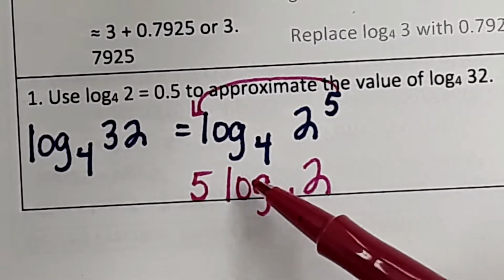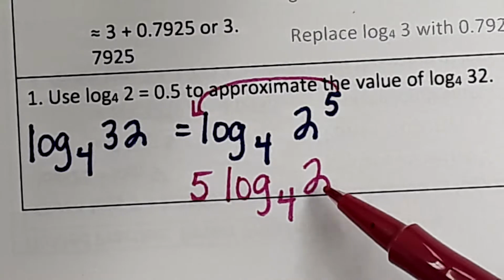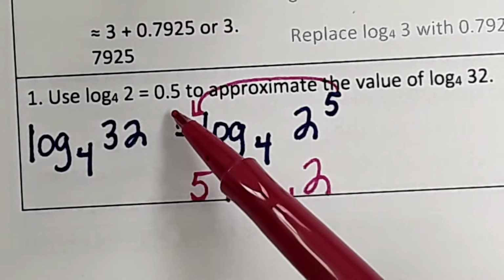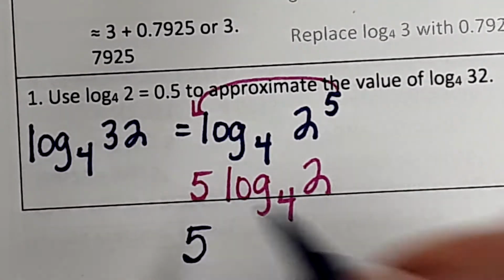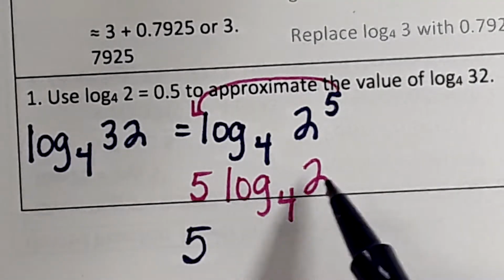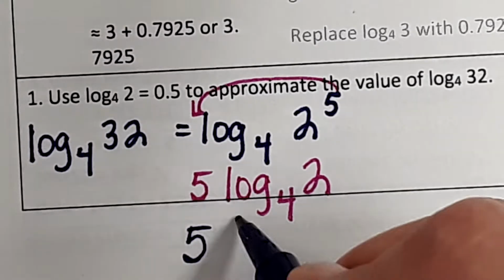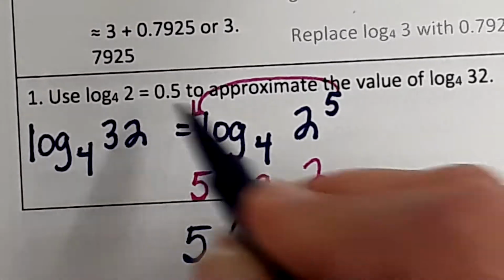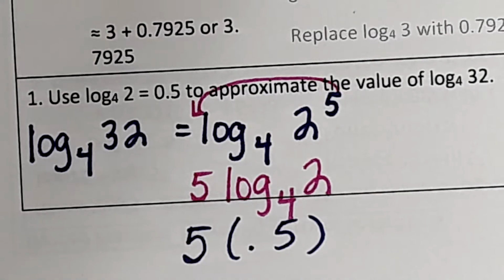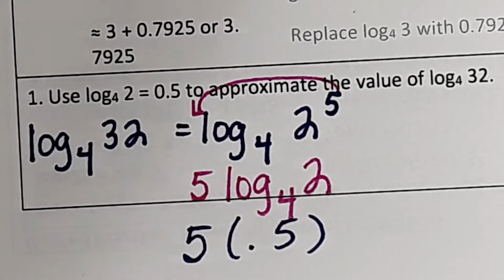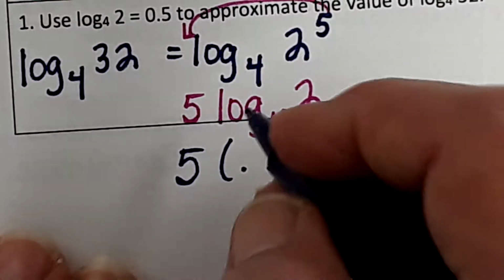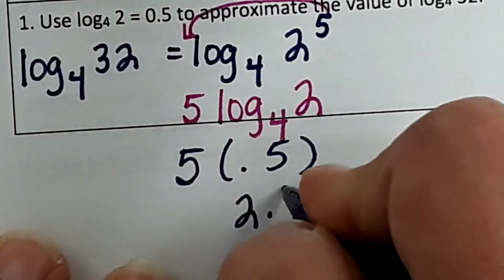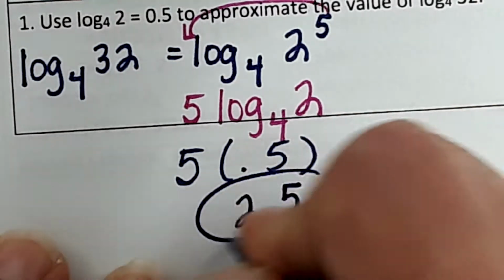What is the log base 4 of 2? What did they say? 0.5. So this becomes 5 times 0.5. Instead of writing log base 4 of 2, I'm going to write 0.5. So I'm replacing this with what they gave me. Again, you guys, it's either going to be replacing with something you know or something they gave you. And what is 5 times 0.5? 2.5. And that's your answer.